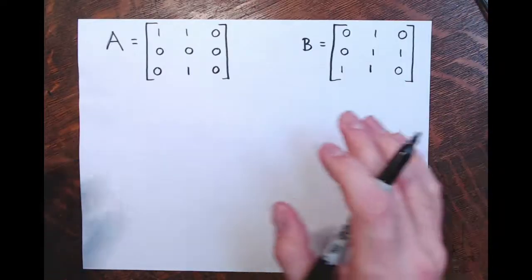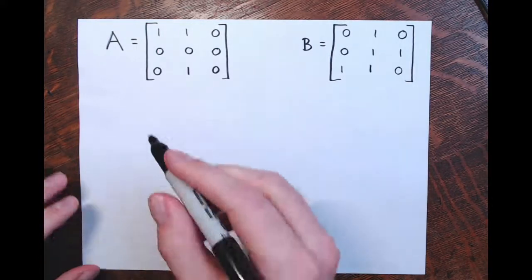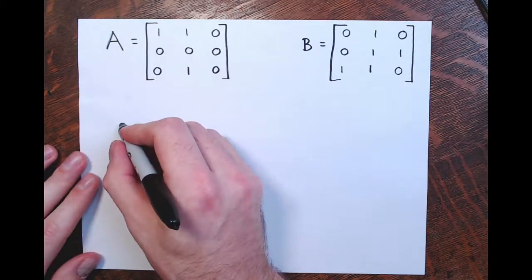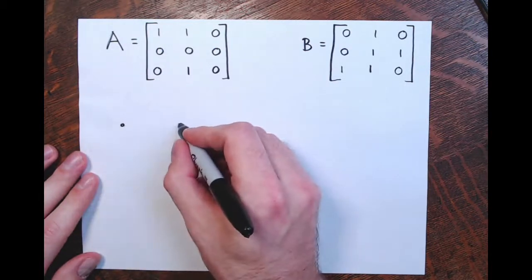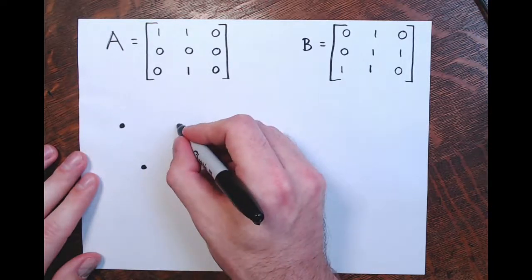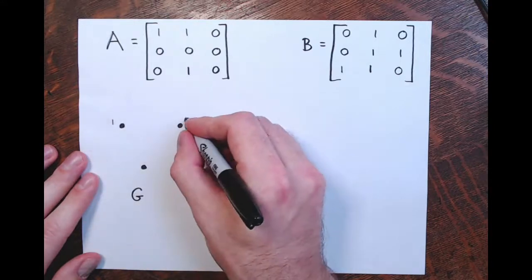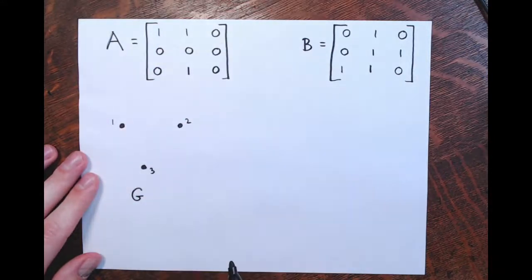Right, so we're given these matrices, and they're supposed to be adjacency matrices for certain graphs. So let's say matrix A here is an adjacency matrix for graph G. All right, and we'll have vertices numbered 1, 2, and 3. Right, this is a 3 by 3 matrix.